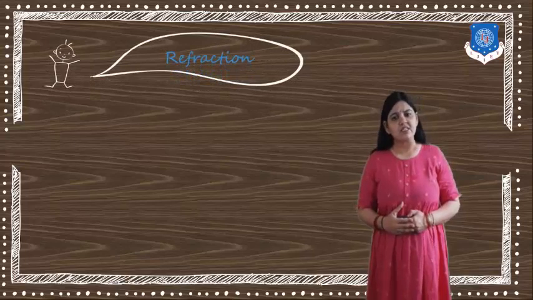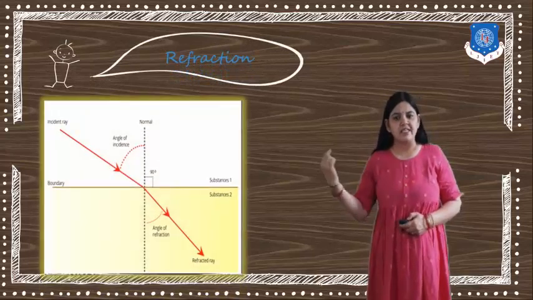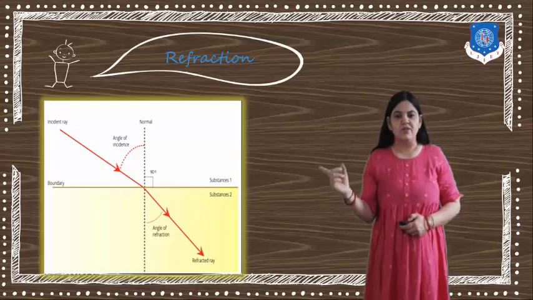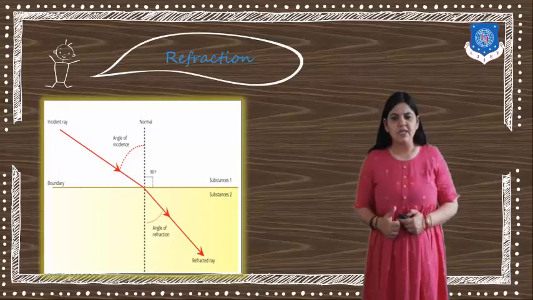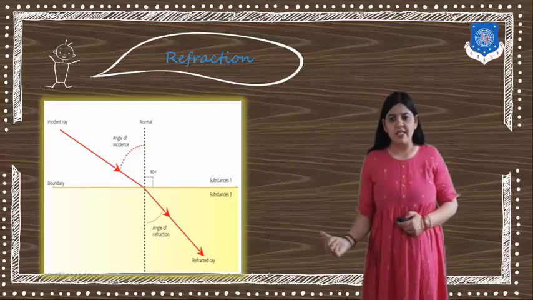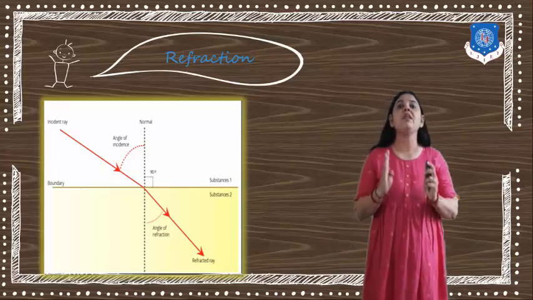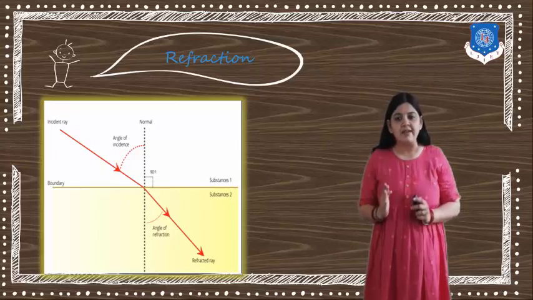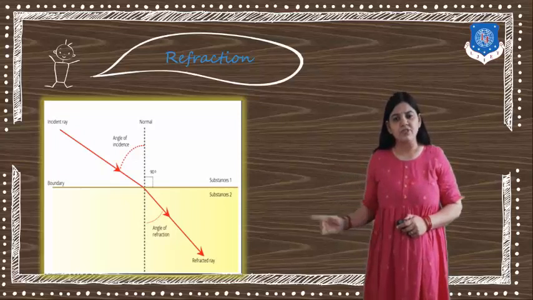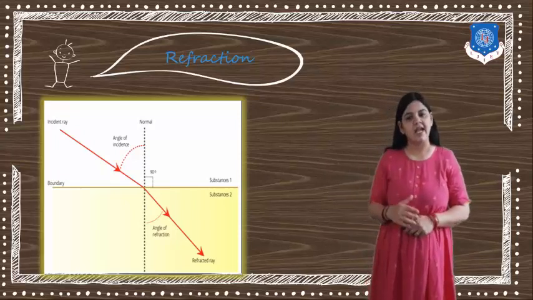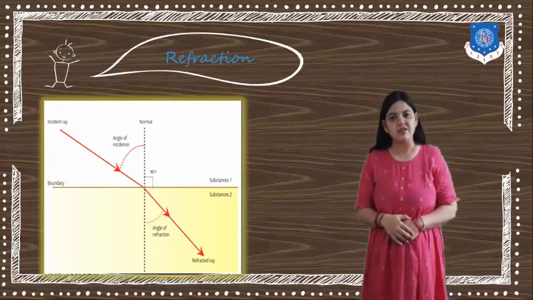Here you can see in the diagram there is a normal axis and the incident ray in one of the media. Now when it passes from one medium to another medium, the ray will bend. The angle it makes is the angle of refraction, and here is the angle of incidence.